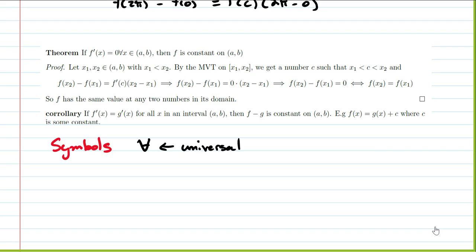And this is an abbreviation for all or for every. And it has another one, which is represented by a backwards capital E. And this is called the Existential Quantifier. And this one is there exists.